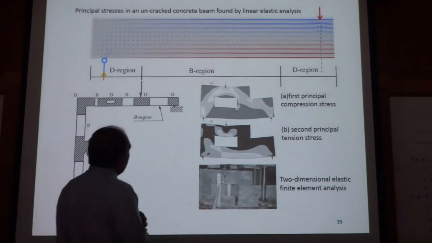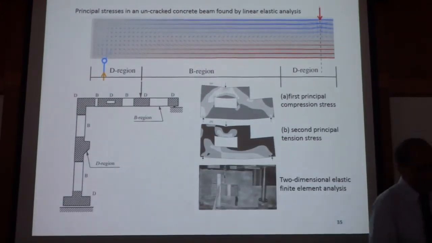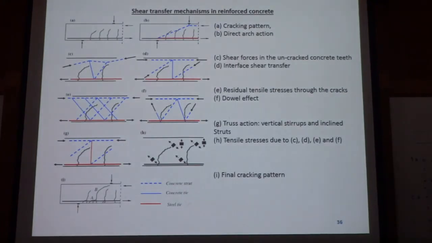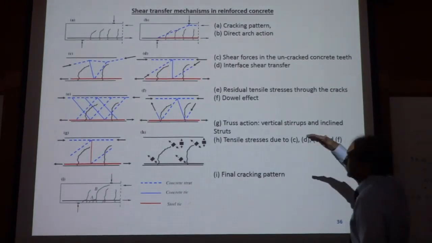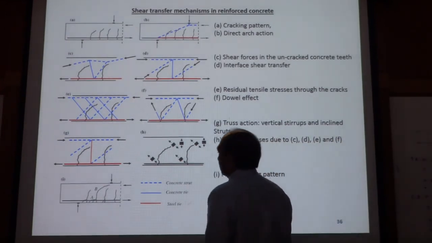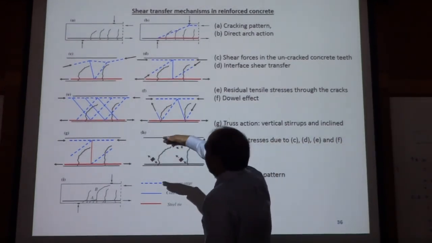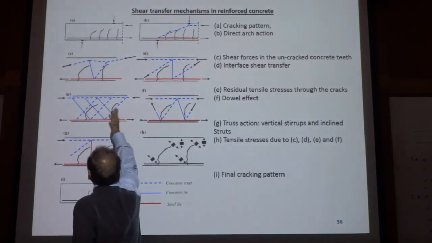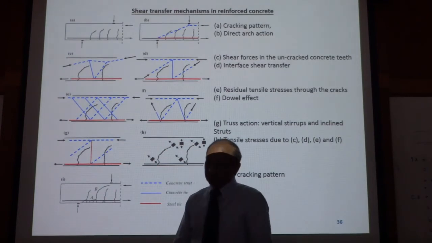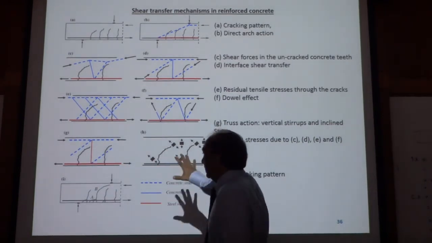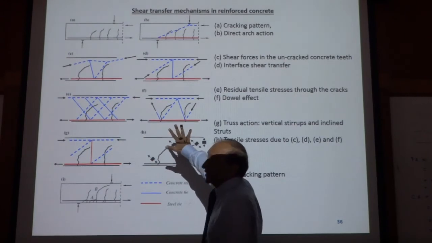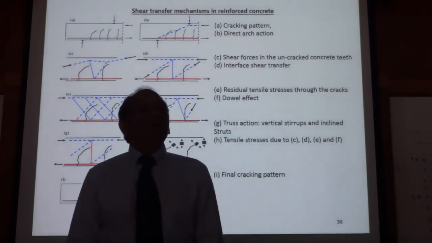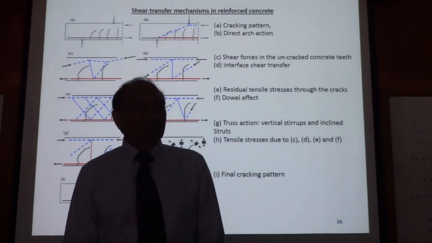So if we know this now, let's see how we can do this. And again, this comes back to the old idea that we discussed about the angle of the strut, the cracks, and the angle of the stresses, and then the tension angle and the compression angle. You have seen all of that, right? But in our case now, things will be much simpler. Why? Because we don't worry about cracks anymore.